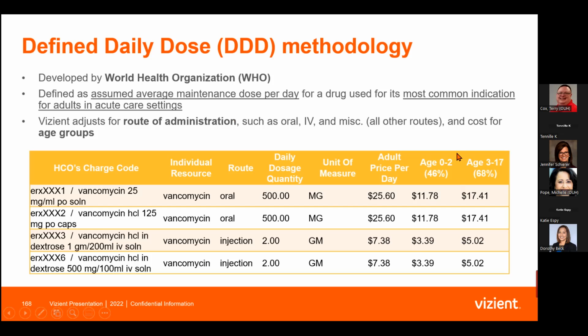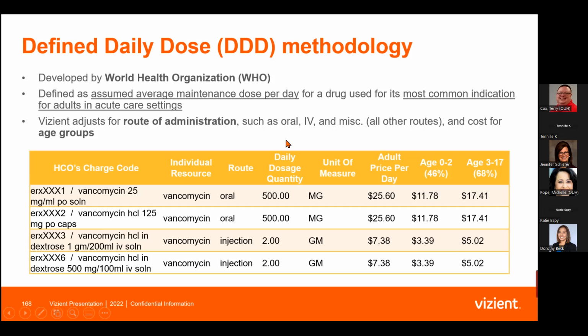So as you can see for vancomycin, you can see the route of administration, oral and injection, and then the daily dosage quantity, and then the measure, and then the adult price per day per the DDD from World Health Organization. And then we added the adjustments for age 0 to 2, and then age 3 to 17, which are percentages of the adult dose.